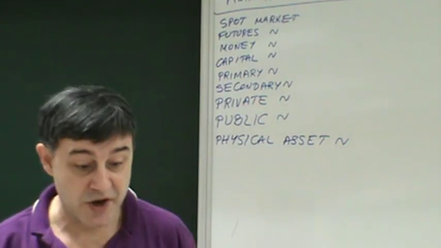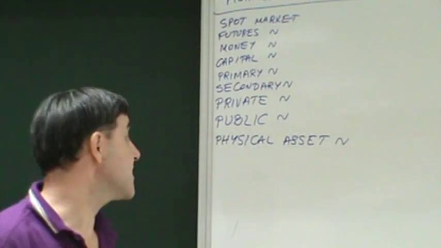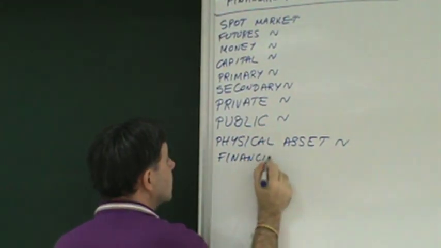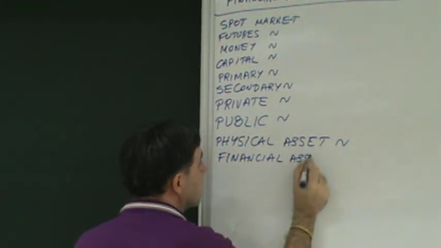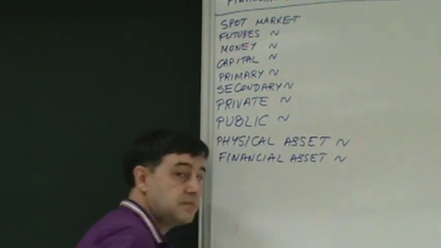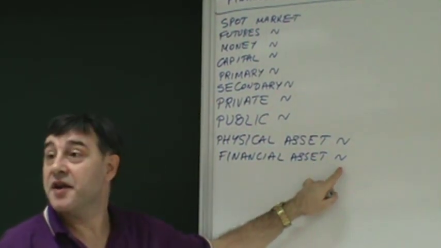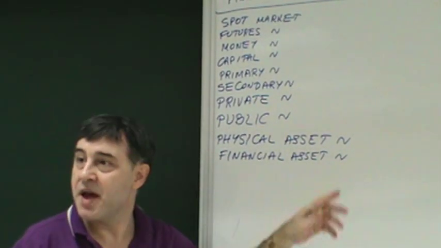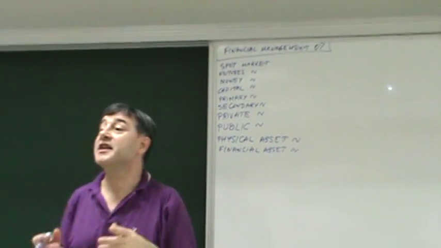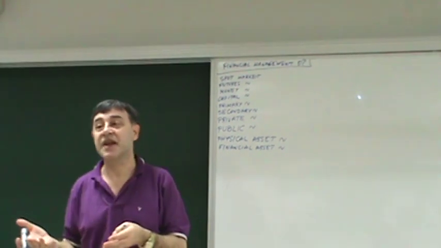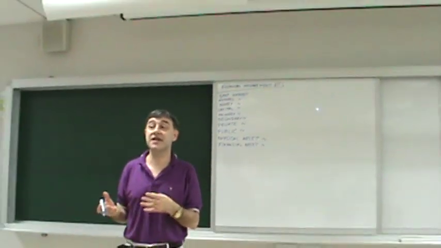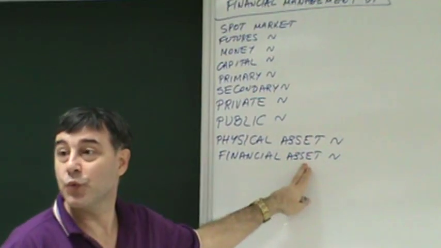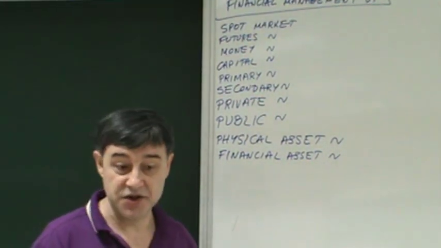And the other one will be called financial asset market. A market where financial instruments are traded. Remember that financial assets is exactly the same as financial instruments, is exactly the same as securities. So we can simply say a financial market where securities are traded is equally good.